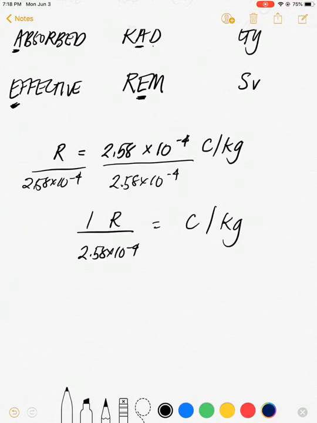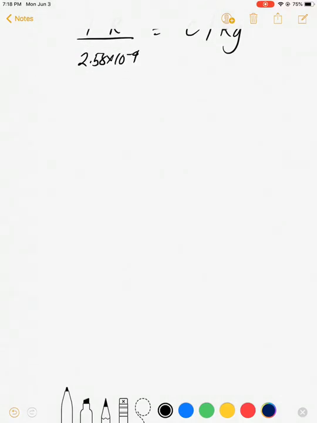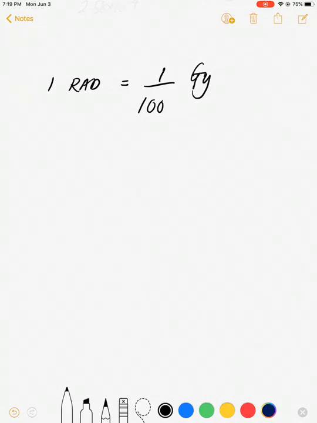The next one is going to be your rad's dose. Okay. Now we know that 1 rad is going to equal 1 over 100th gray. That's just something that you're always going to have to remember. 1 rad equals 1/100th of a gray. Okay. We know that 100 centigray equals 1 gray.